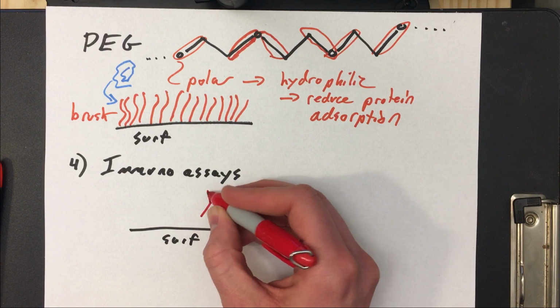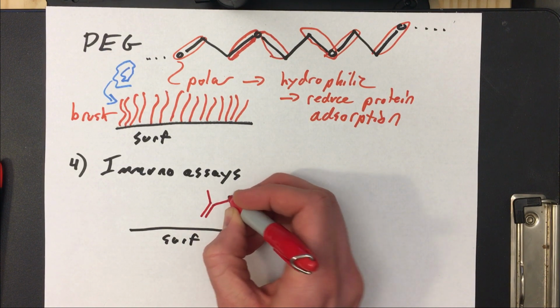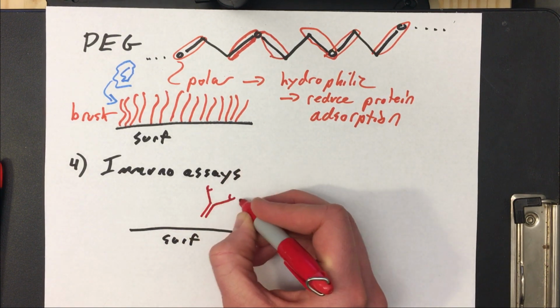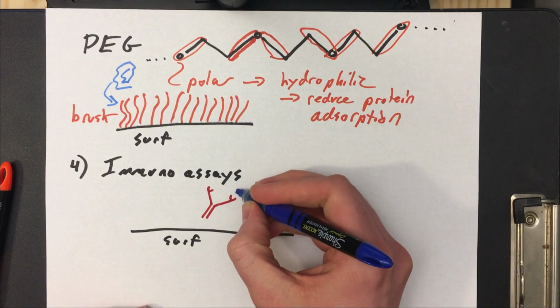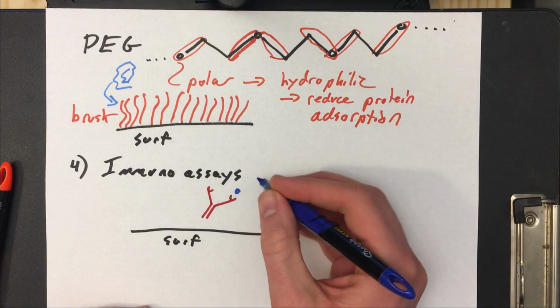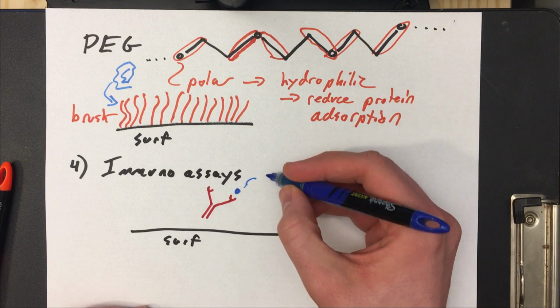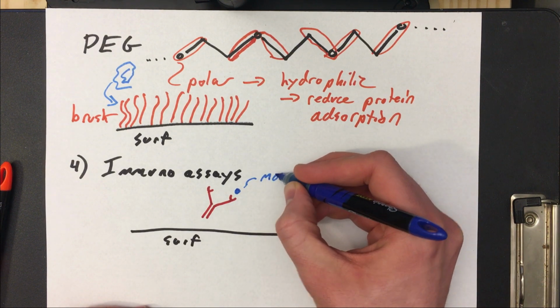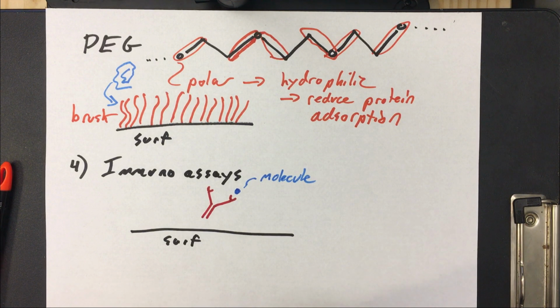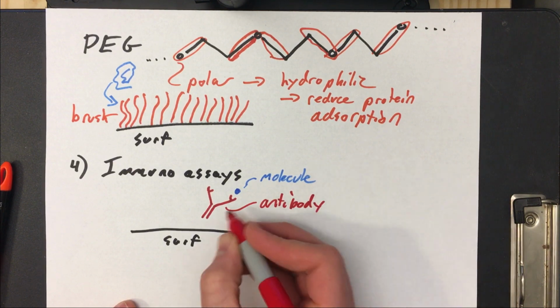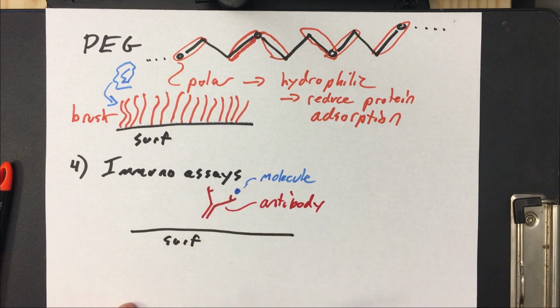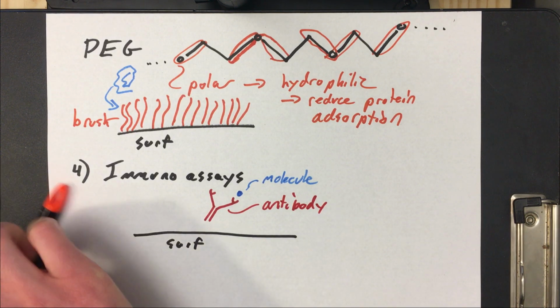So an antibody might look like this, where there are sort of little active sites on its surface, and these active sites specifically bind to one type of molecule. So these antibodies are basically very specific to some molecule. So we have some site on an antibody, and this antibody might have one or more sites that are very specific to a molecule of interest. So what can we do?